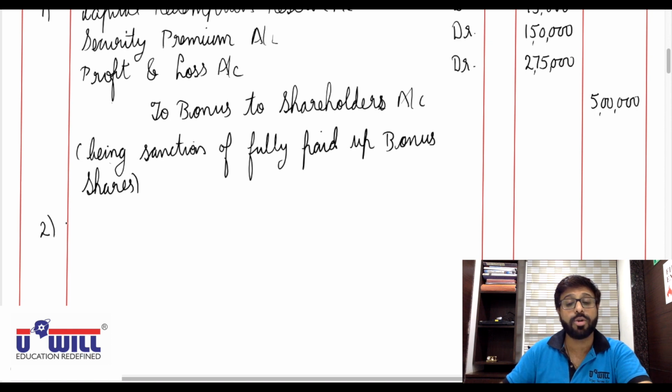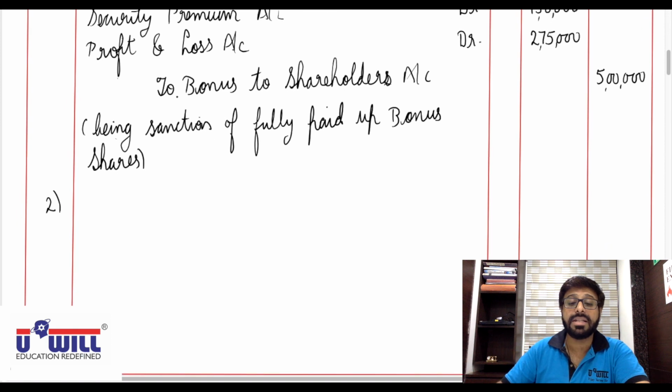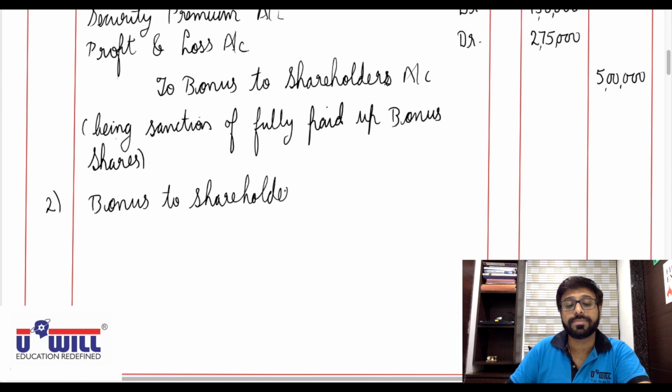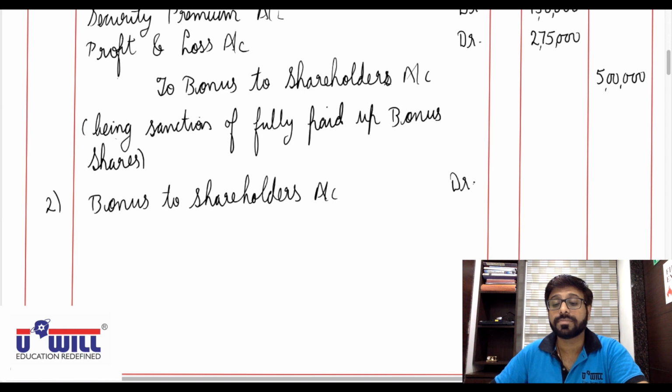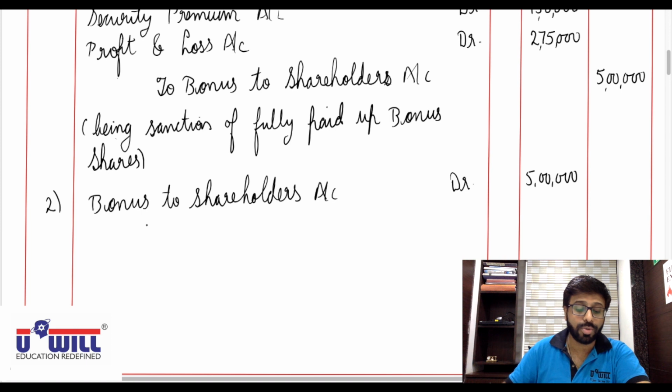Now, second entry, here only two entries are there. Directly, this bonus to shareholders account, you have to reverse and debit and close it. Bonus to shareholders account debit 5 lakhs to equity share capital account.